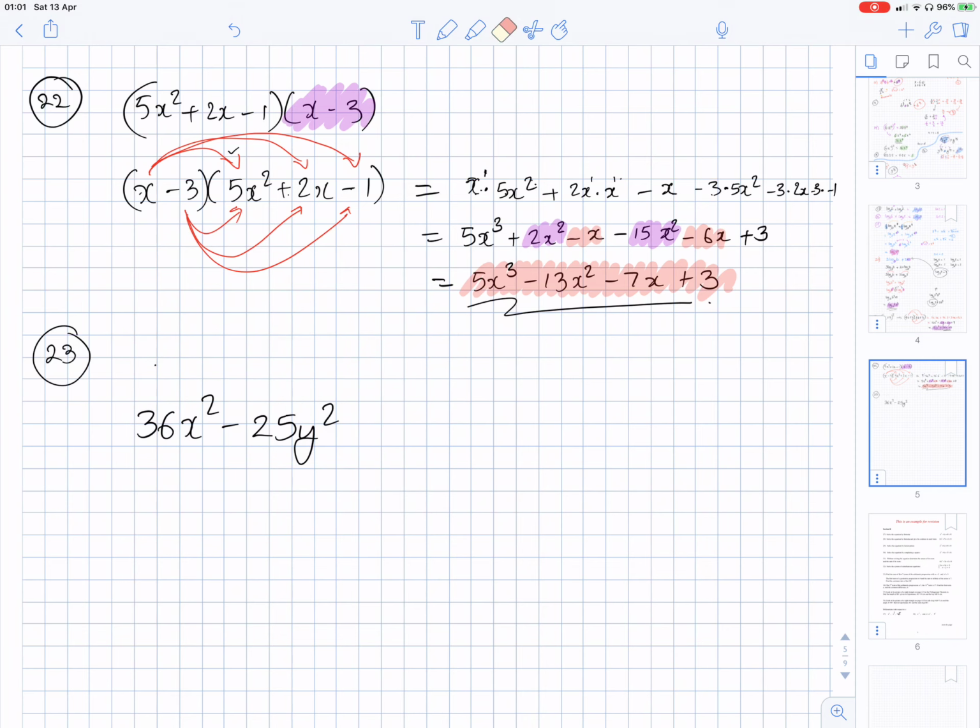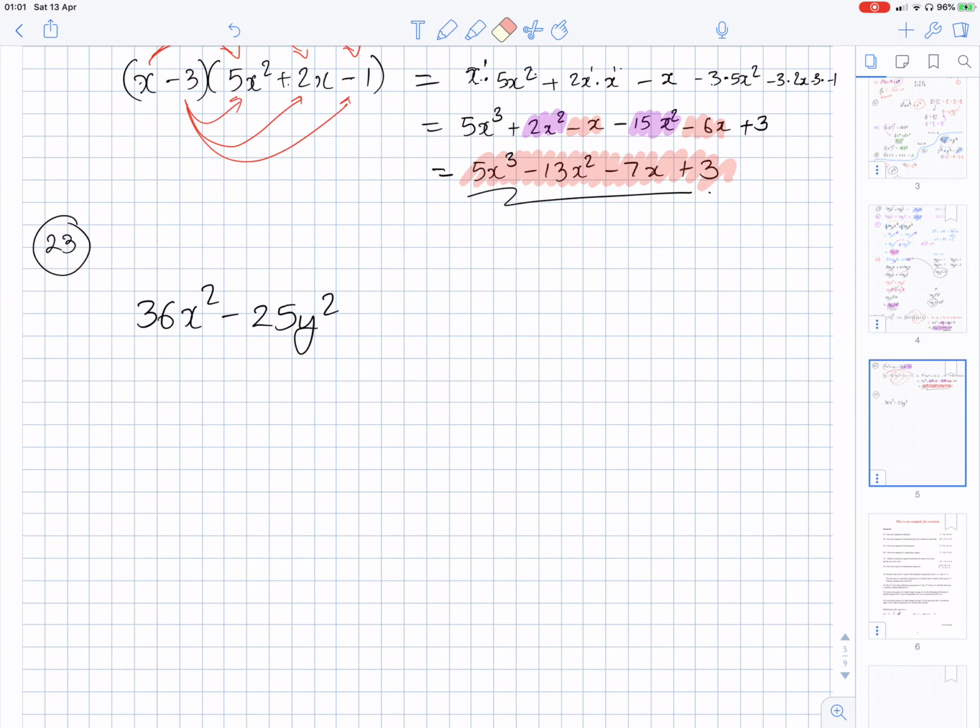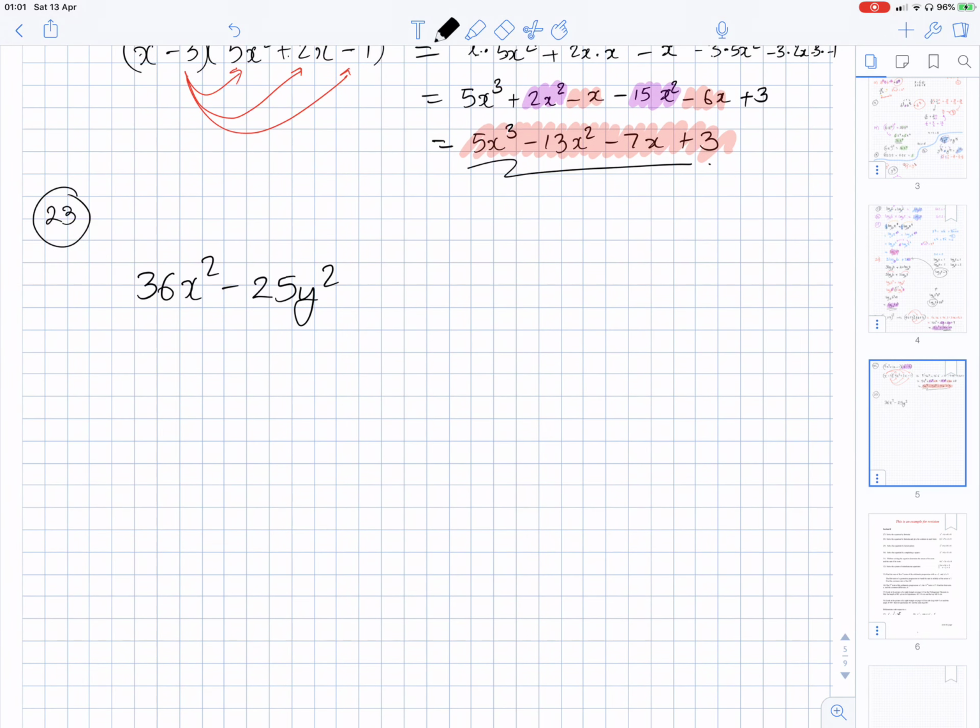Let's remove that. Right, so to do this kind of thing, by looking at it from experience, I know this is a difference of two squares. What does that mean?